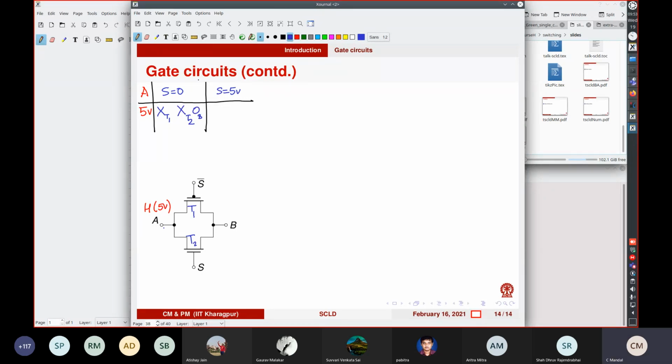There is an open circuit between A and B. So I can write open circuit. Let me just move this a little bit. So there is an open circuit between A and B.